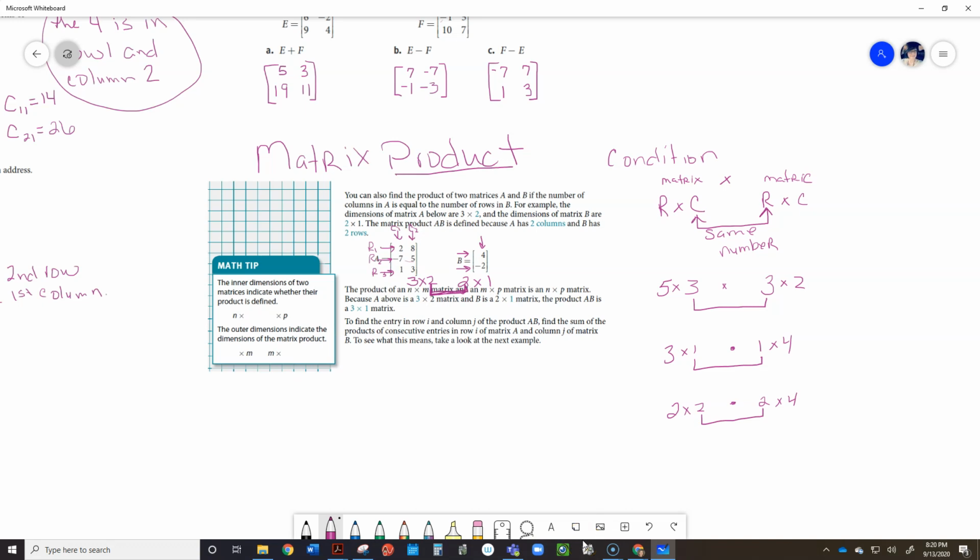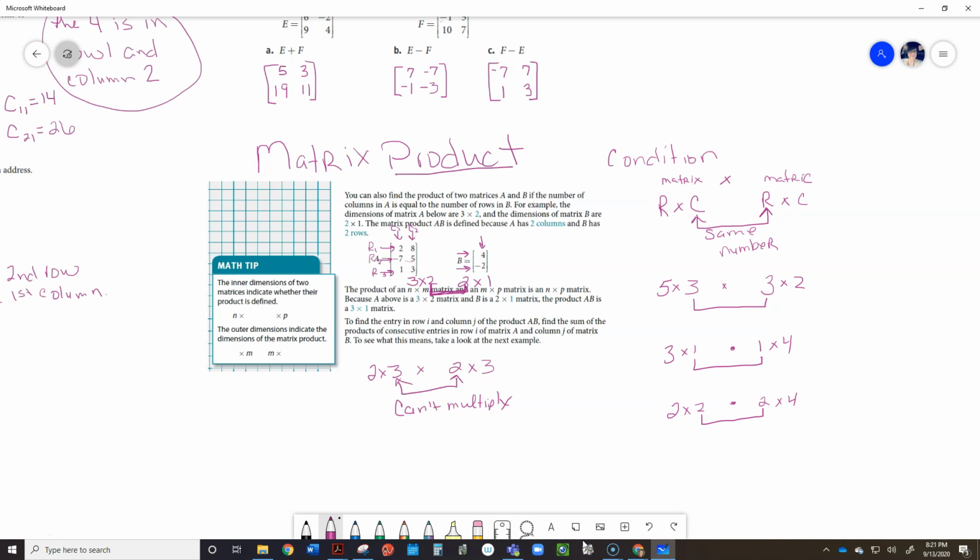Okay, so if you multiply a 2 by 3 times a 2 by 3, you can't multiply because these two numbers right here do not match. The number of columns in this must match the number of rows in the second one. They don't match, so you can't multiply.